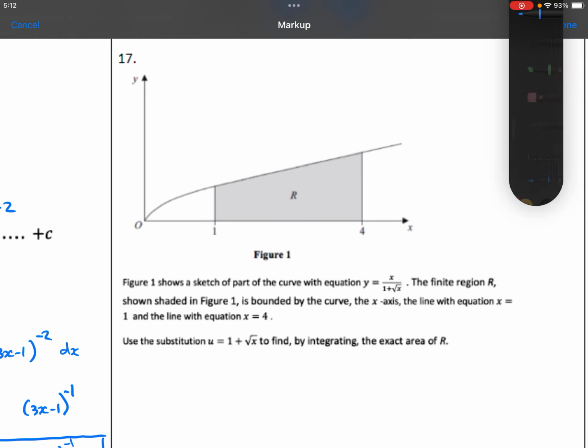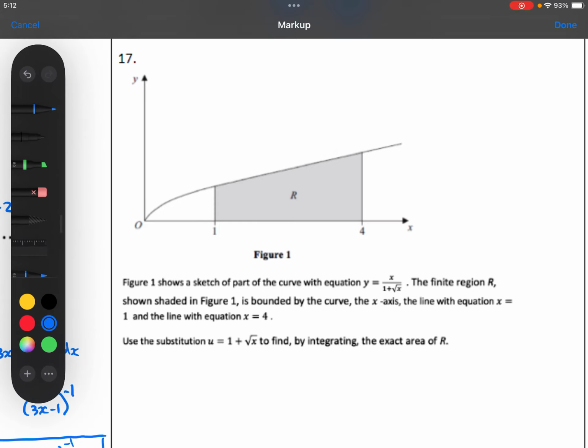Question 17. Figure 1 shows a sketch of part of the curve with the equation y equals x over 1 plus root x. We need to find out the area of R bounded by 1 and 4 using substitution. So we want to do the integral from 1 to 4 of x over 1 plus root x with respect to x.